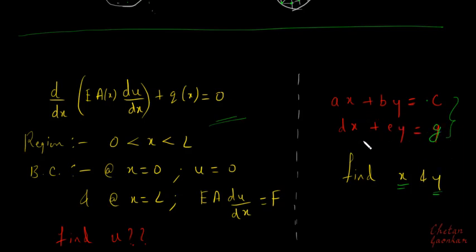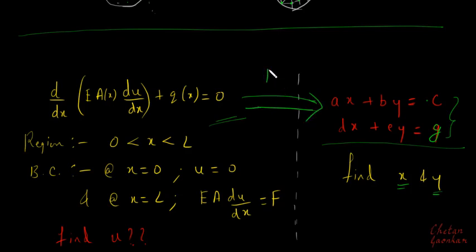Given a choice, anyone will always prefer to solve this kind of equations over the differential one. This is very simple. We have been studying how to solve simultaneous equations since our school days.